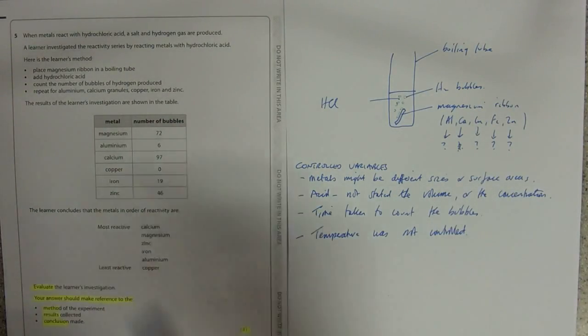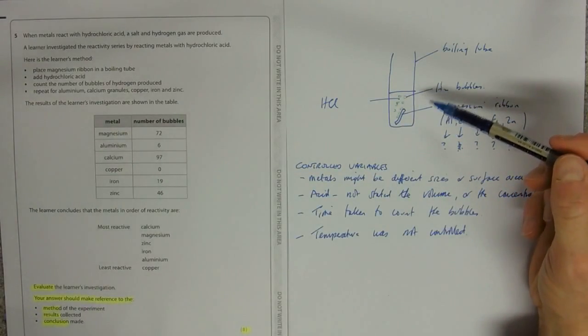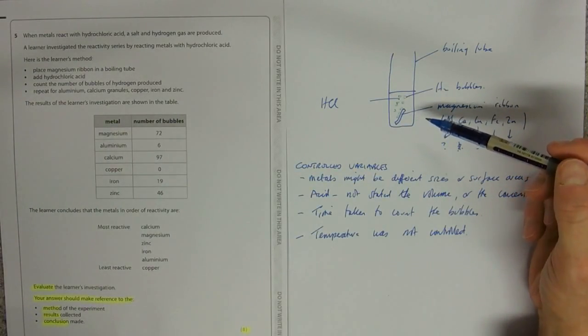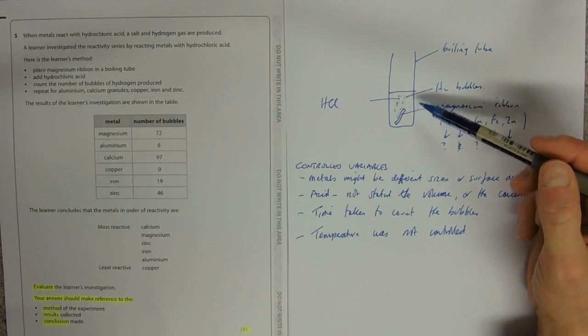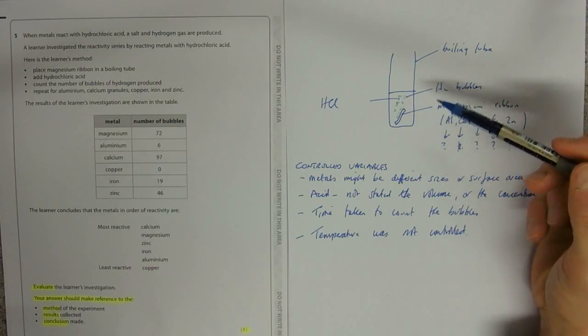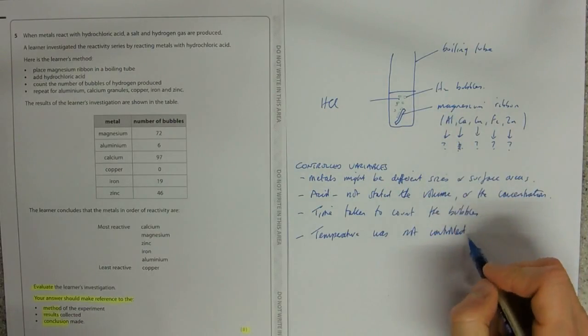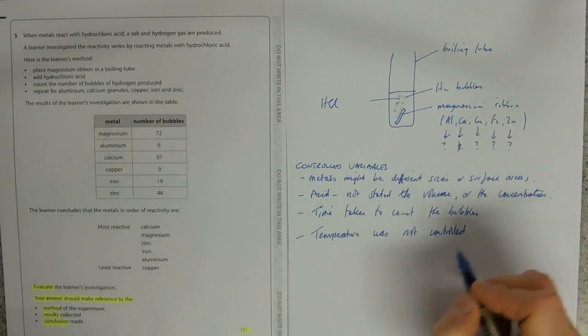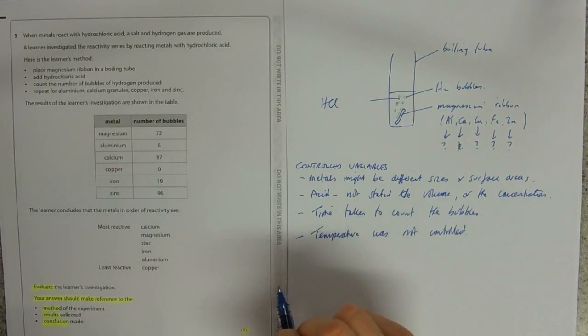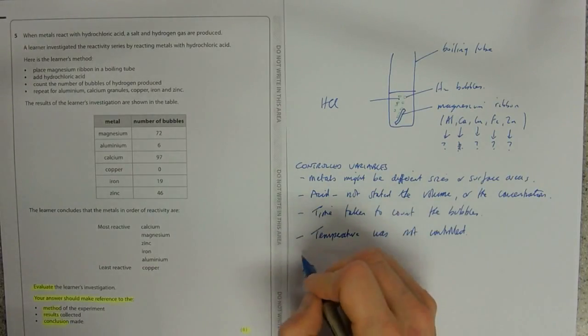Also in the mark scheme, there's something about not indicating how the bubbles are to be counted. I'm not quite sure what they're getting at. I think that's per minute or total number of bubbles. So I'll write something, but I'm not quite sure what they are. I think they're getting at this dependent variable.